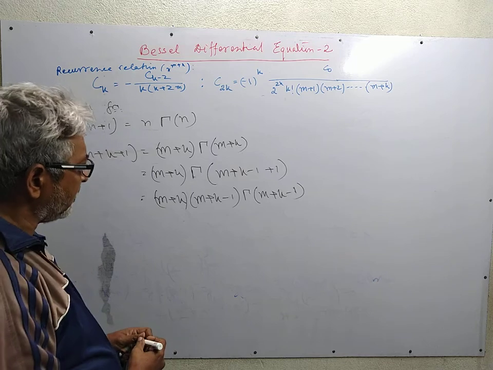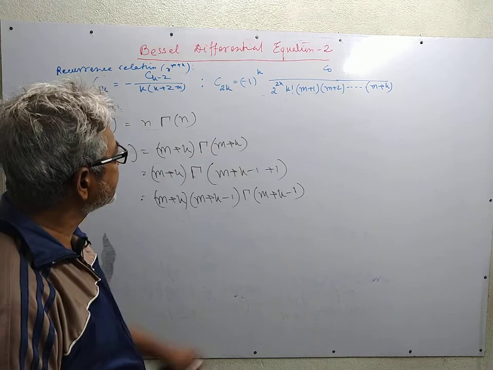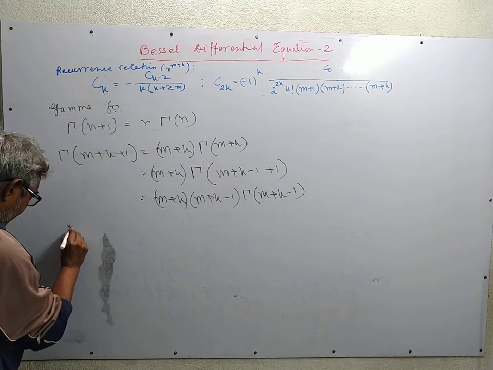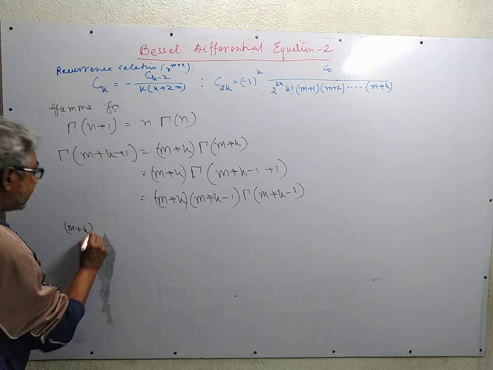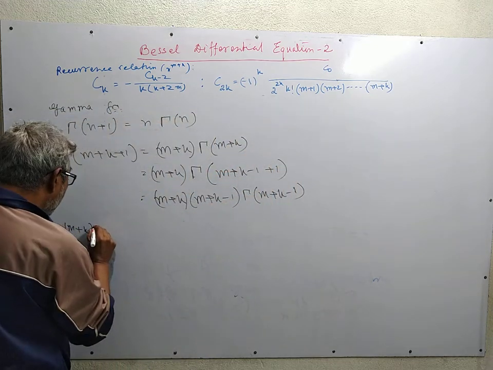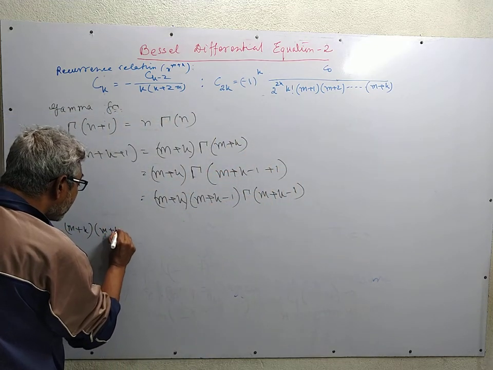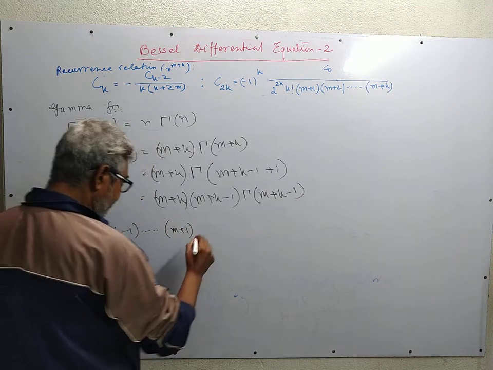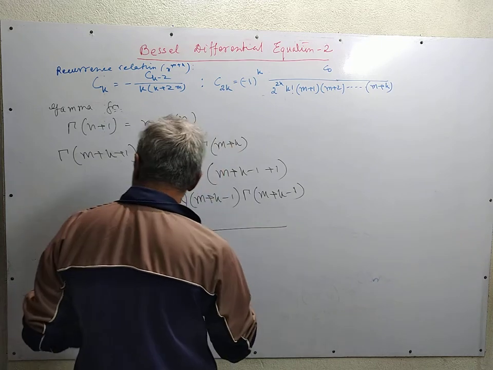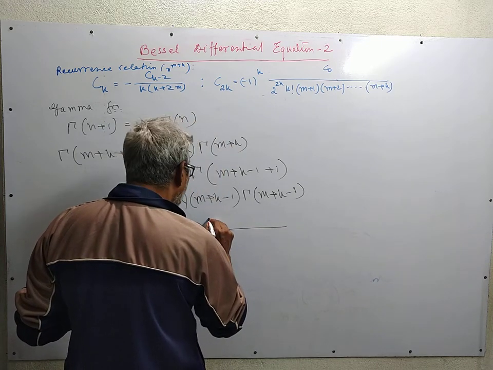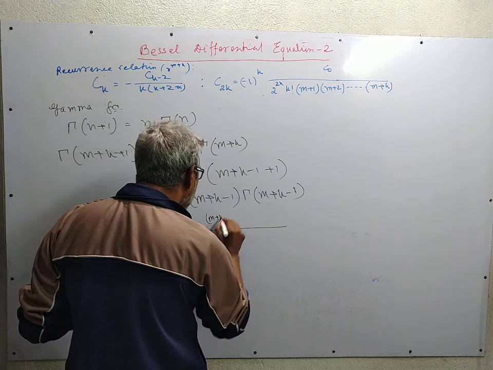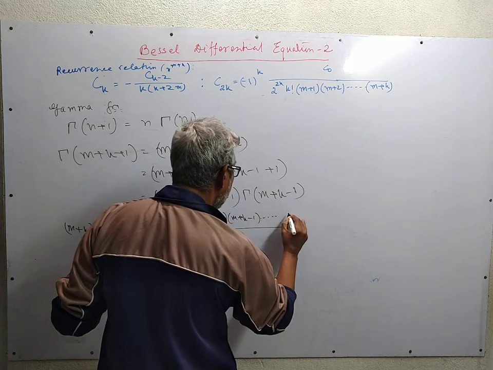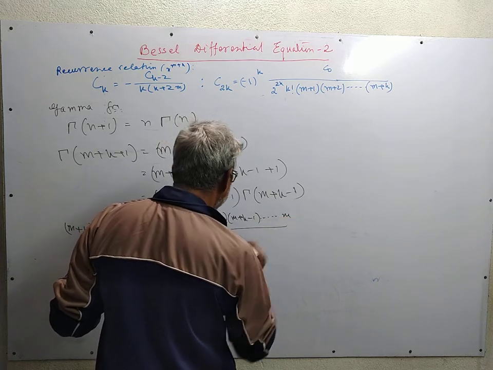And if we go on further and adjust this term, m plus k, we write the terms in reverse order, m plus k minus 1, down to m plus 1. We rewrite it as m plus k, and ultimately it becomes m.